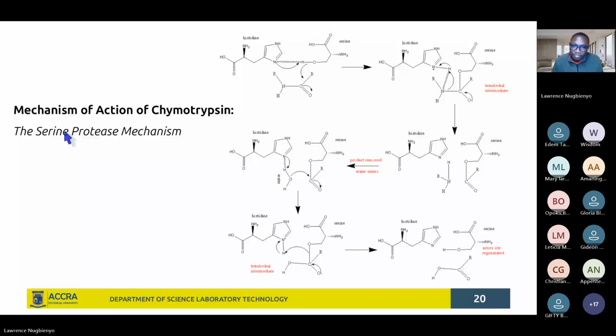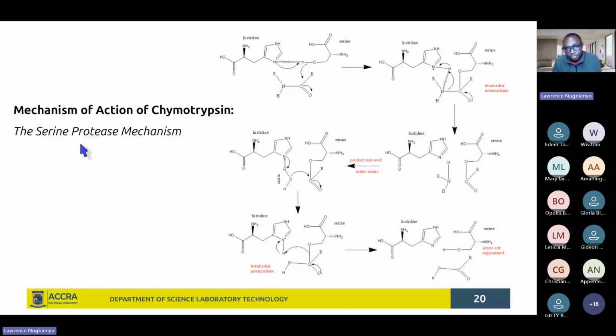In many enzymes, you have in the active center serine performing an activity, which is a proton transfer, which results in the activity of the enzyme, or it makes the enzyme active.